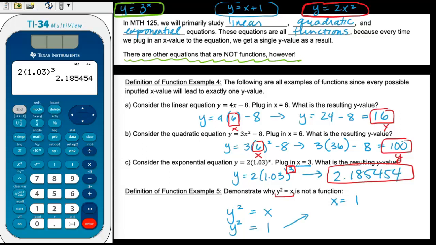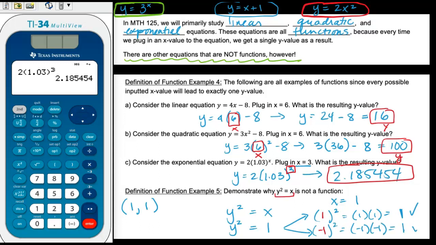We could plug in a 1 and square it. 1 squared, 1 times 1, is equal to 1. So that works. That means when x is 1, y is 1. If we take negative 1 and square it, that means negative 1 times negative 1.